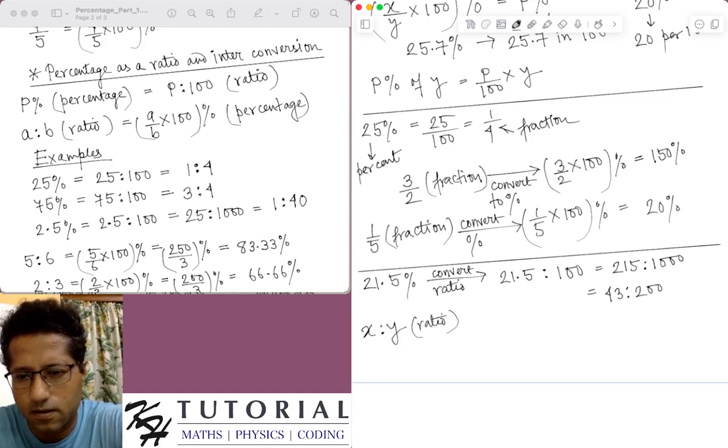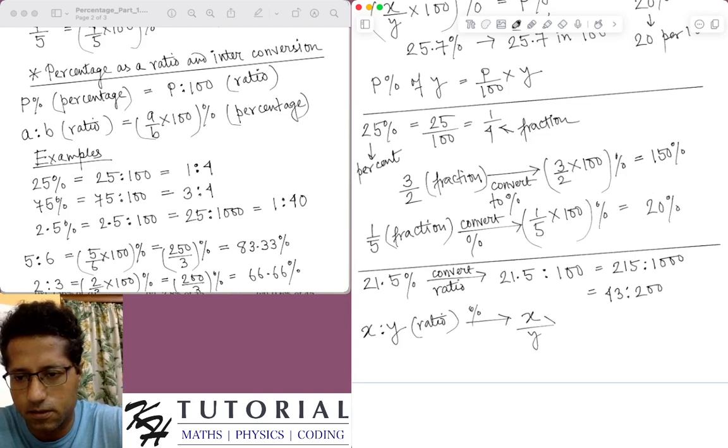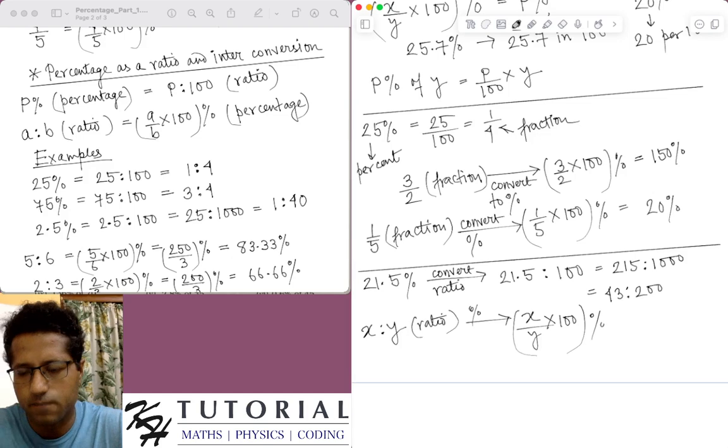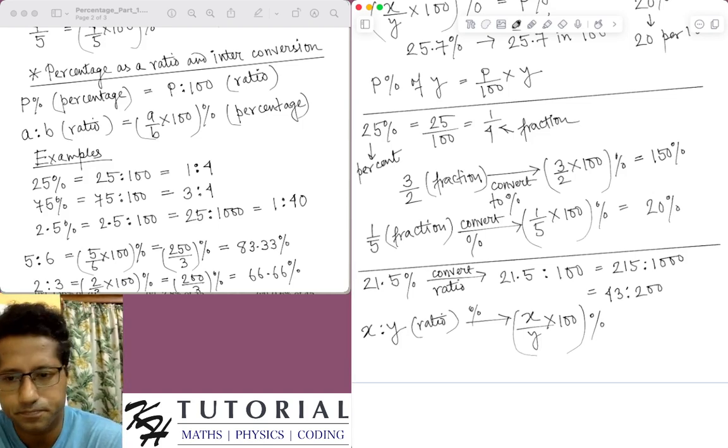It is nothing but the first term divided by the second term, multiplied by 100, and at the end we add the percent symbol. So the ratio x is to y is equal to x by y into 100%.